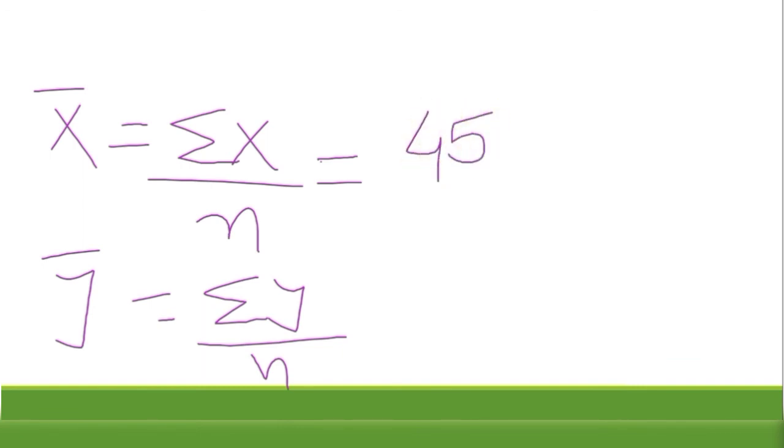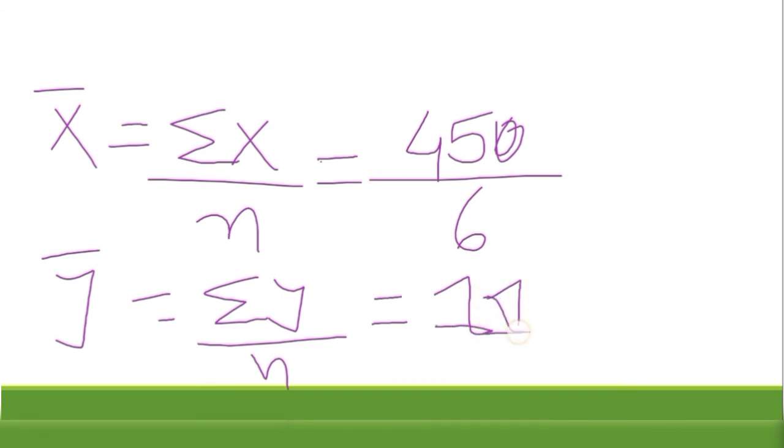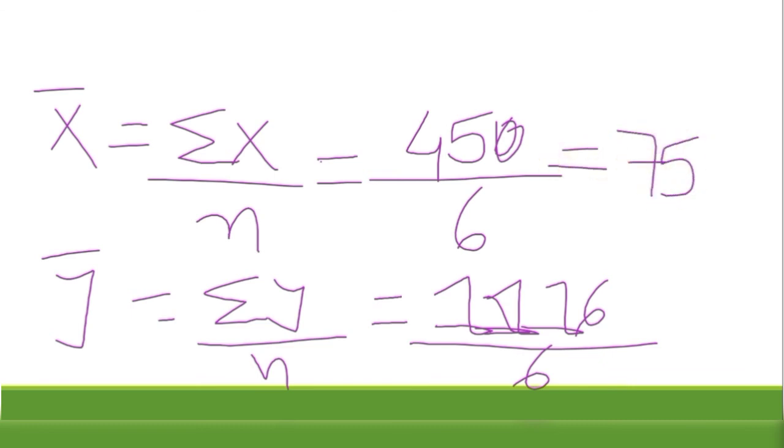Sigma x is 450 divided by n, which is 6, and sigma y, that is 1116, divided by 6. So this comes out to be 75 and this comes out to be 186. So x bar is 75 and y bar is 186.